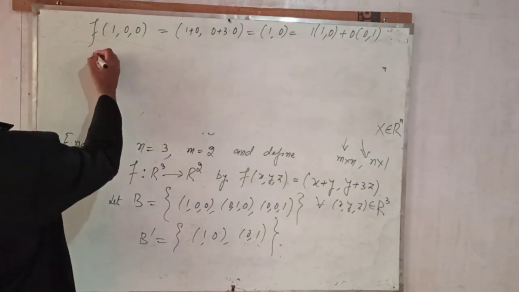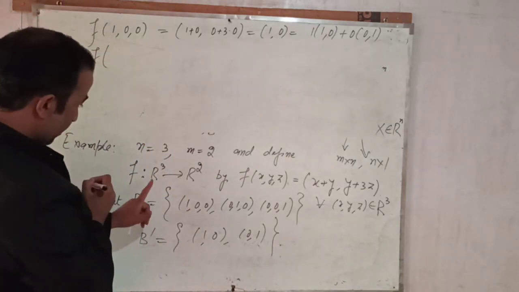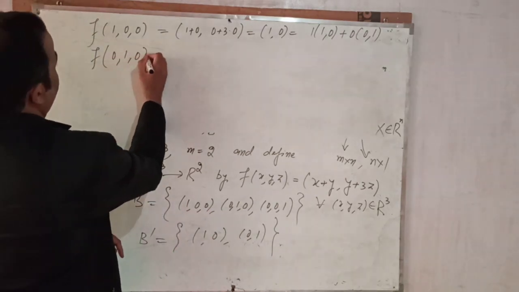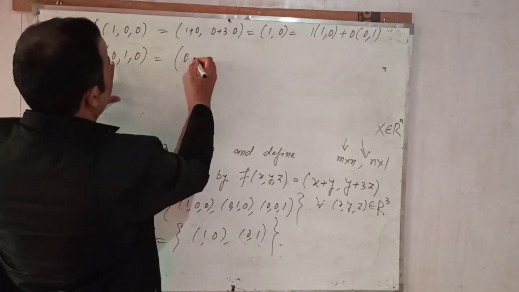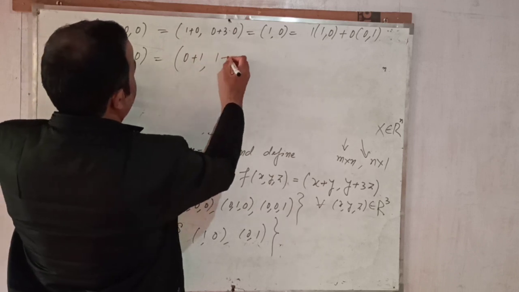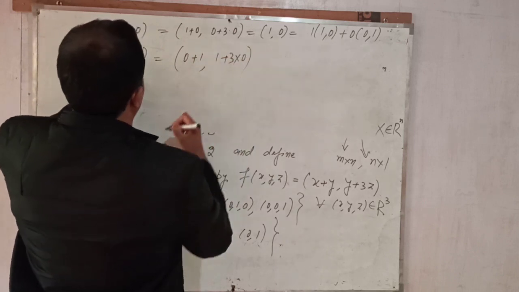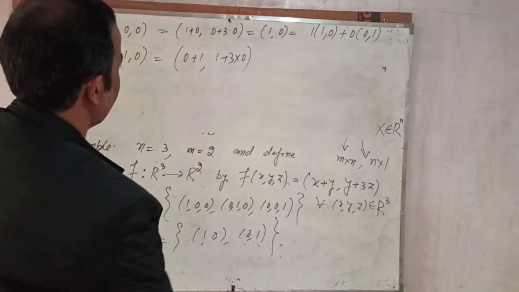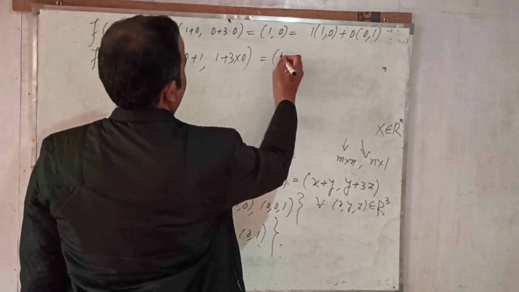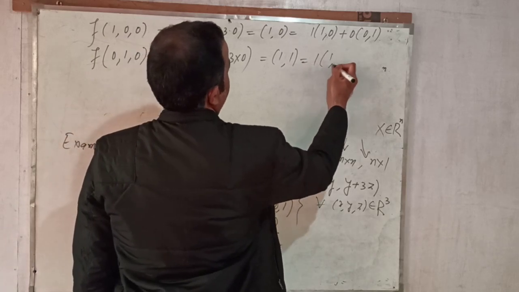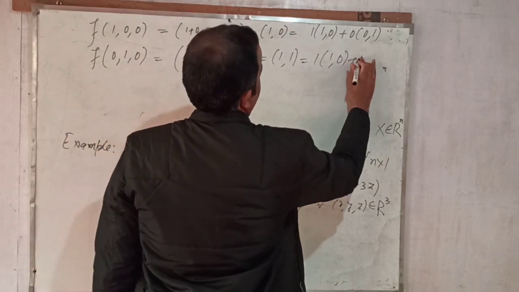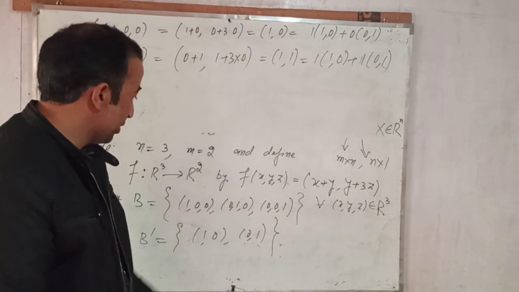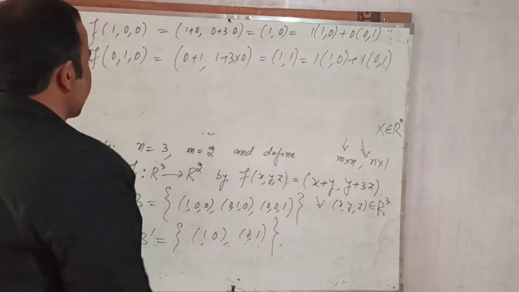So when we calculate f of (0, 1, 0), I get the sum of the first two, then second plus third, as per the definition. This is (1, 1). This will be 1 times (1, 0) plus 1 times (0, 1), as a linear combination of these vectors.